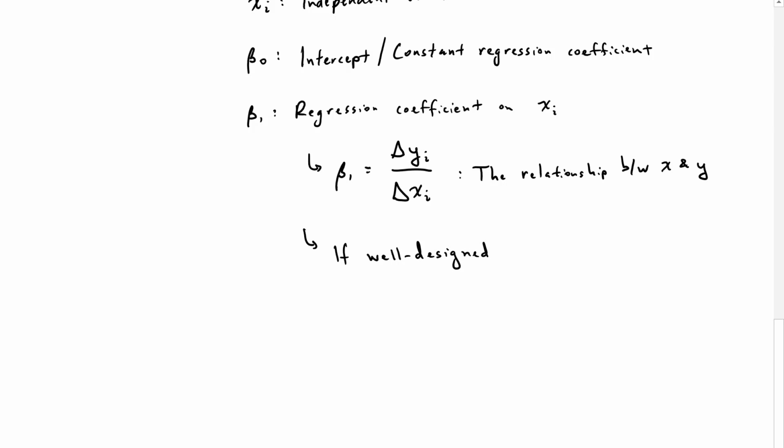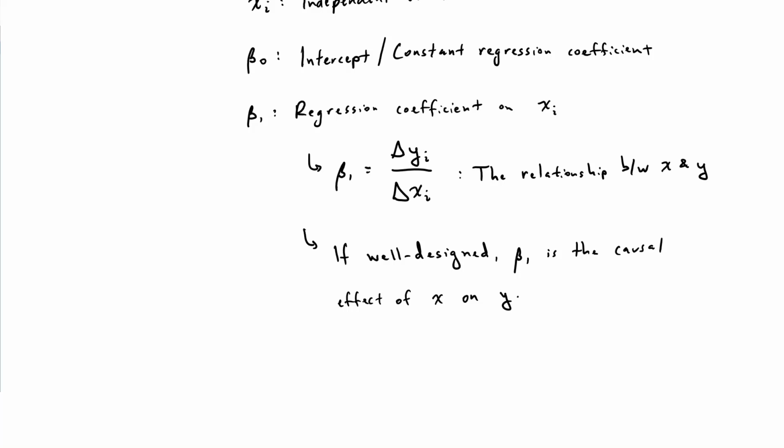But if your experiment or your regression is well designed, then beta 1 is the causal effect of X on Y. So how does health insurance cause changes in the difference in health?